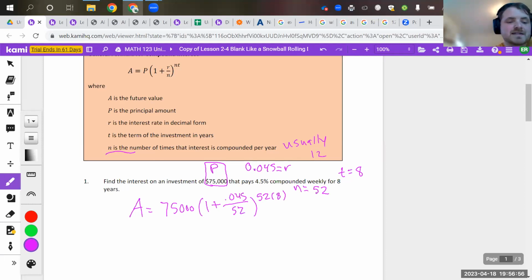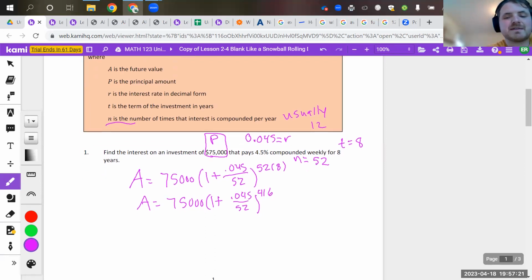Anything that's a whole number, you want to just leave it as a whole number right now, so you don't have to deal with more unnecessary parentheses. So I'm going to deal with that exponent, and I'm going to rewrite this as 75,000 times 1 plus 0.045 all over 52 to the 416. That way, when I plug it into my calculator, I won't have as many issues.